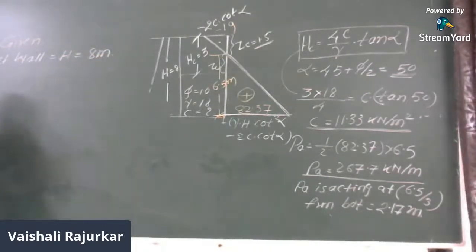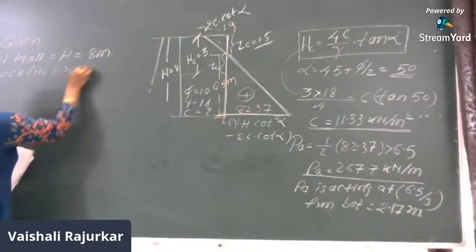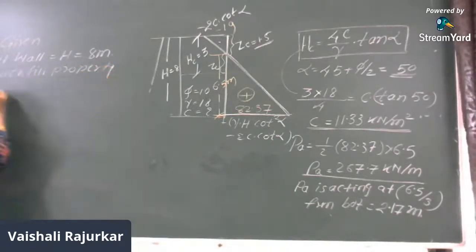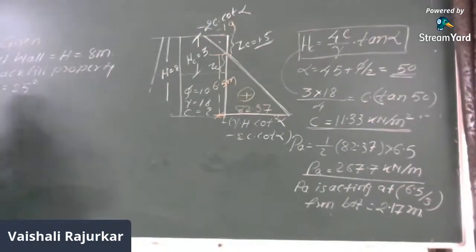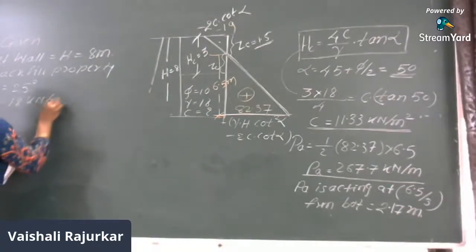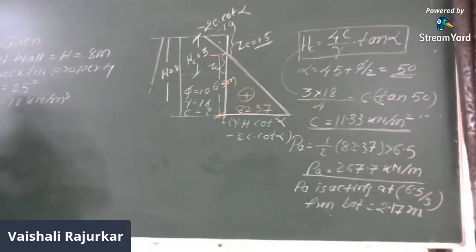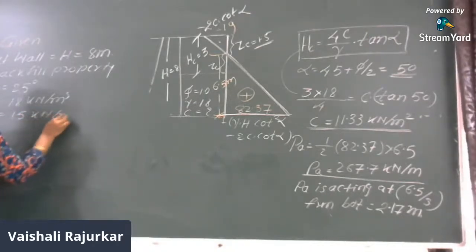Then phi is given as backfill property, where phi is given as 25 degree. Then gamma is 18 kilonewton per meter cube. C is equal to 15 kilonewton per meter square.